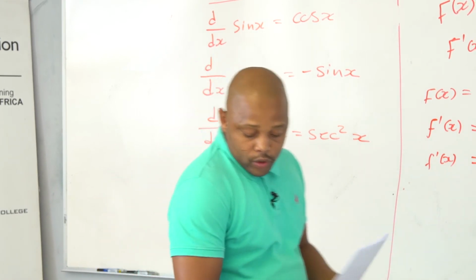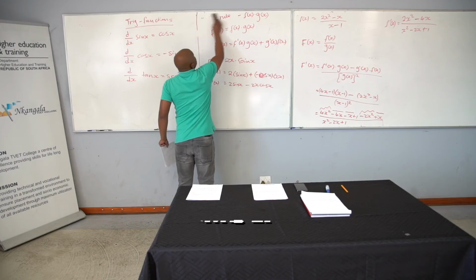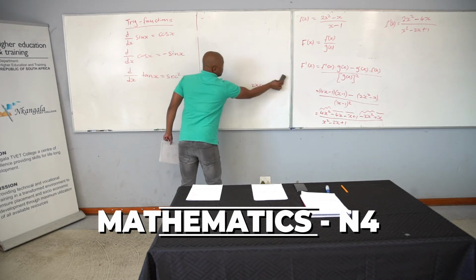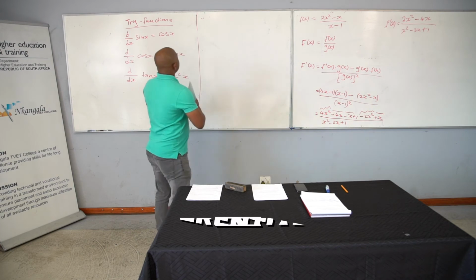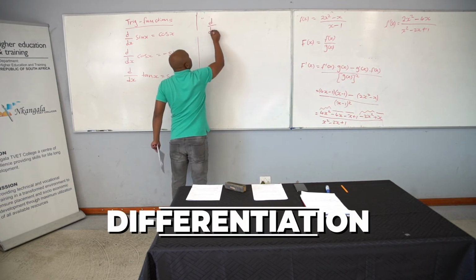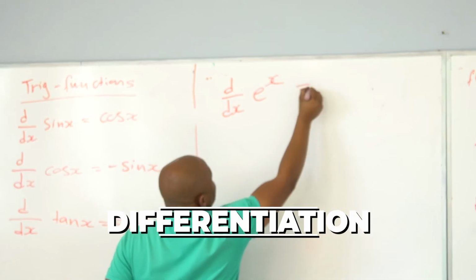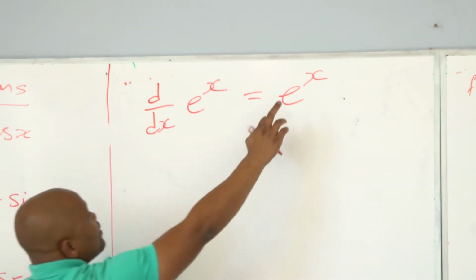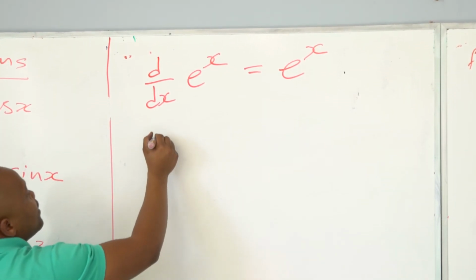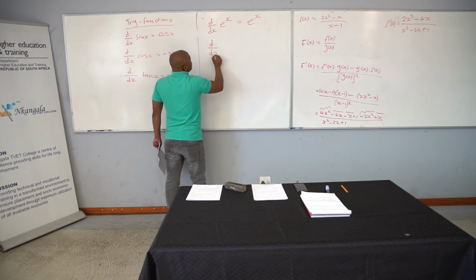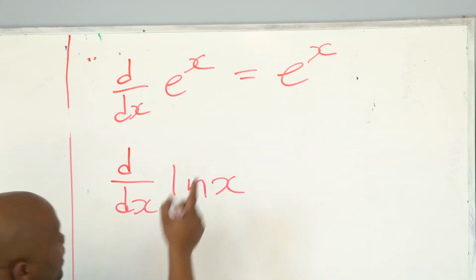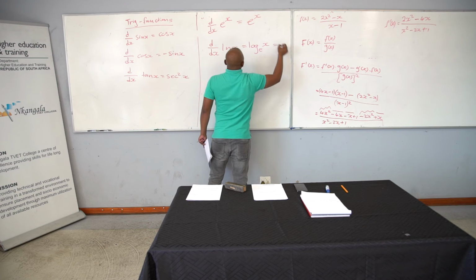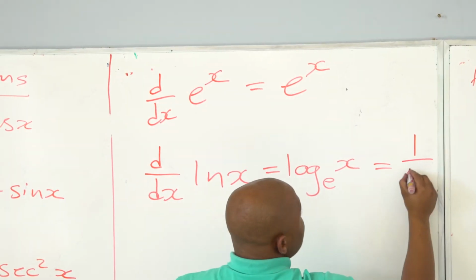Then you also have your log functions and your natural exponential functions. You need to know that the derivative in terms of x of e to the x doesn't change. It is also e to the x. And the derivative in terms of x of ln x, remember, ln x is the same as log base e of x, is given by 1 over x.